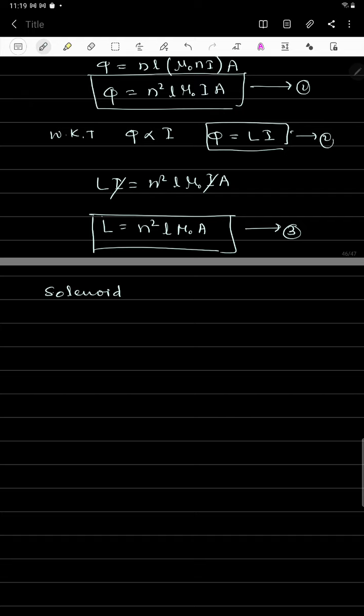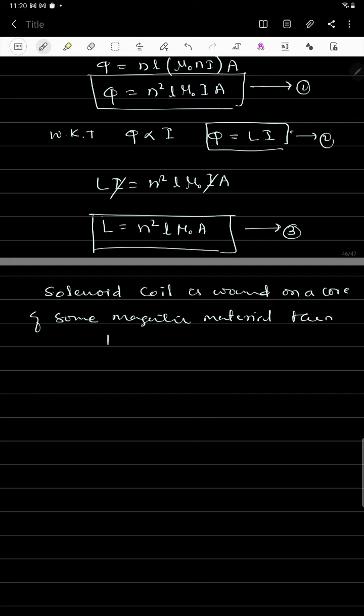That is, if the solenoid coil is wound on a core of some magnetic material, iron, otherwise you can call soft iron, then the expression becomes L equals mu naught into mu r n square L into A. This expression we can use.